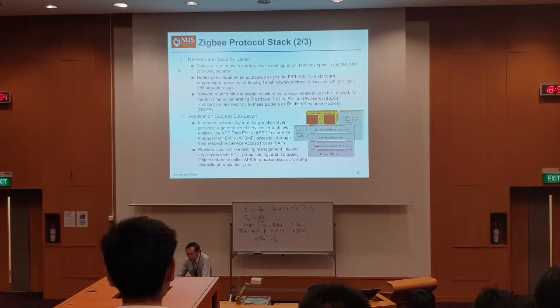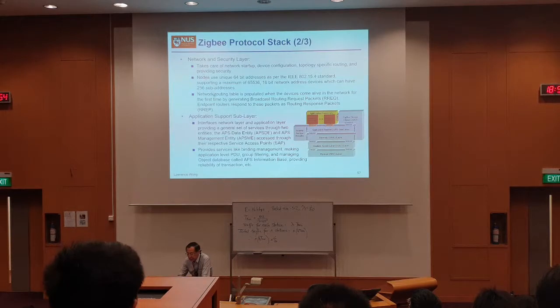So there's the network and security layer, which provides you with the security part, and the application support layer over here, which talks to the application objects. Then you have device objects, which provide the profile of the type of devices.